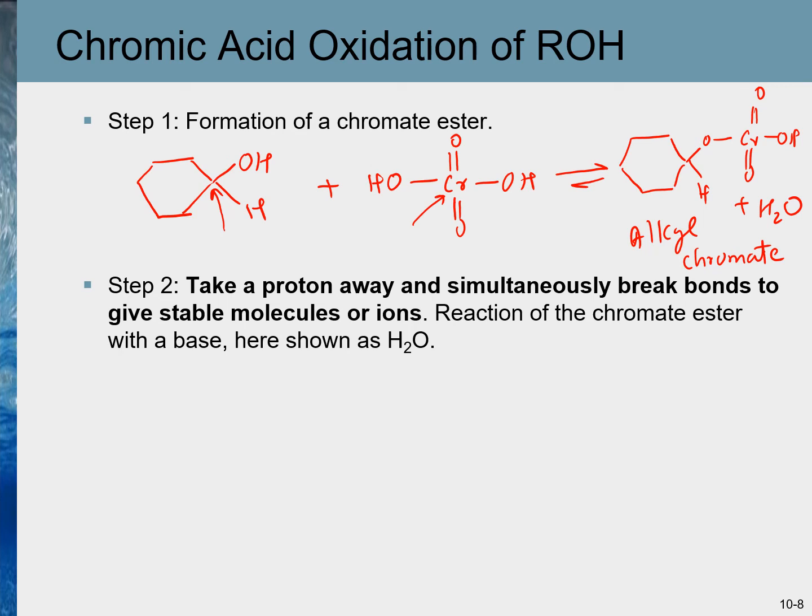The second step involves the reaction of the chromate ester with a base, water in this example, and it will result in the formation of carbonyl group and reduction of chromium 6 to chromium 4. So the alkyl chromate, which was formed in first step, will react with a base such as water in this case.